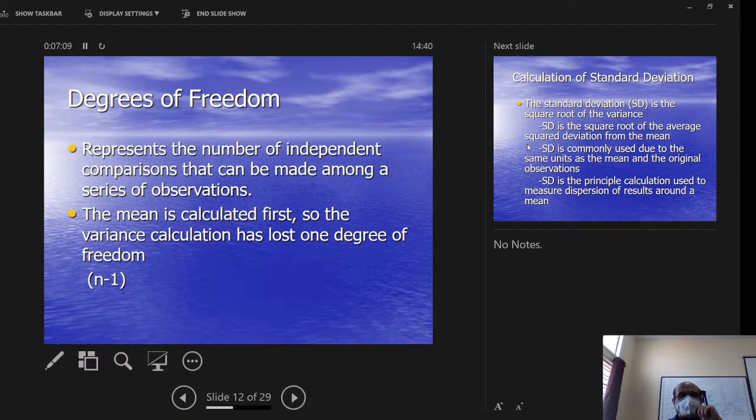The degree of freedom represents the number of independent comparisons that can be made among a series of observations. The mean is calculated first, so the variance calculation has lost one degree of freedom.